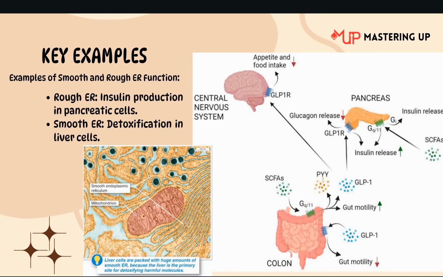On the left, you can see the smooth endoplasmic reticulum of the liver cells. It is shown that the liver cells are packed with huge amounts of smooth endoplasmic reticulum because the liver is the primary site for detoxifying harmful molecules.